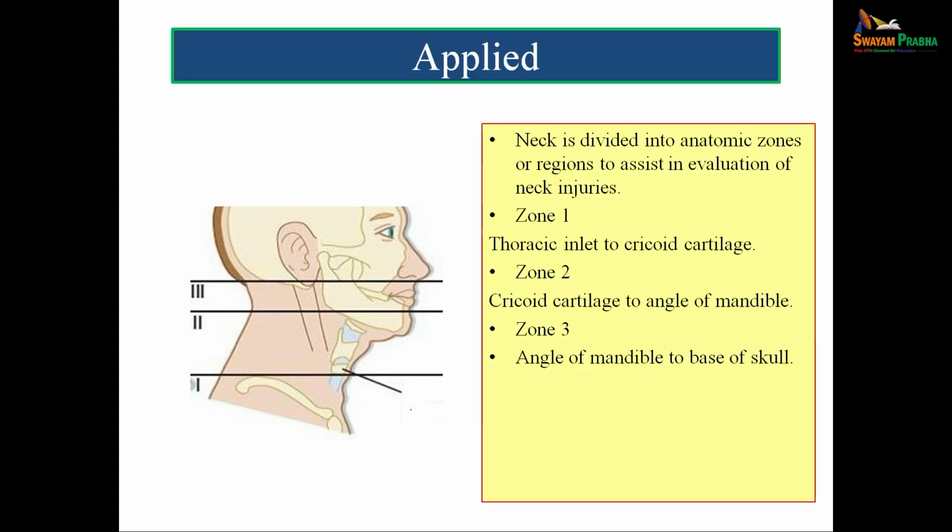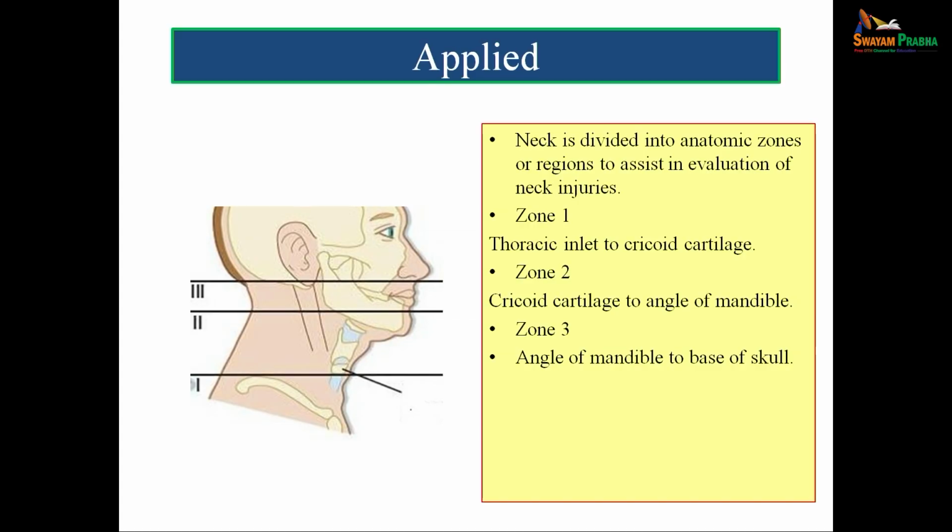Here in this particular figure, we can see the sternocleidomastoid and the different zones of the neck. They are the anatomical divisions of the neck, and in particular, these zones are important in relation to the anterior triangle of the neck, because the anterior triangle, as you can see in the figure, contains the respiratory passage.